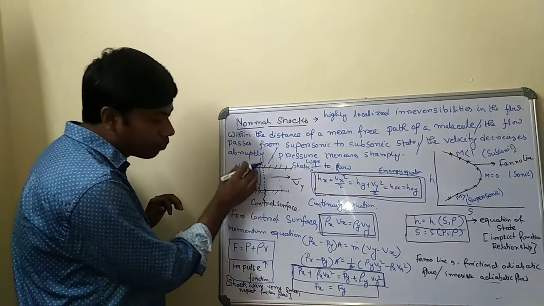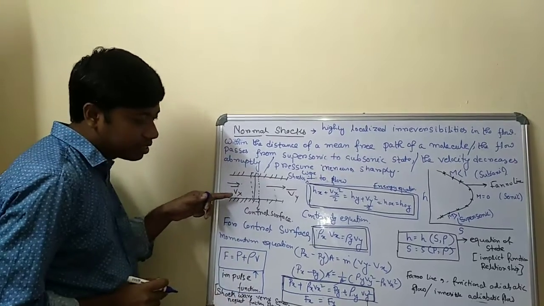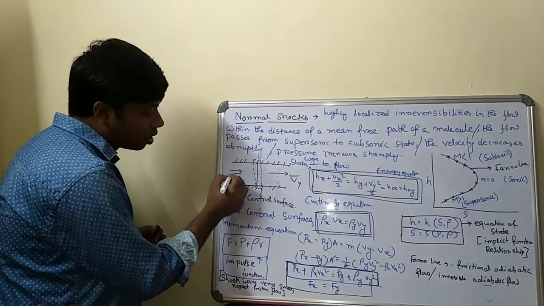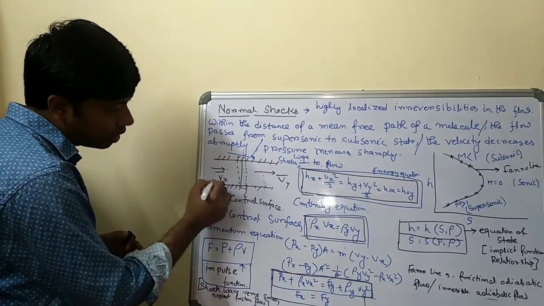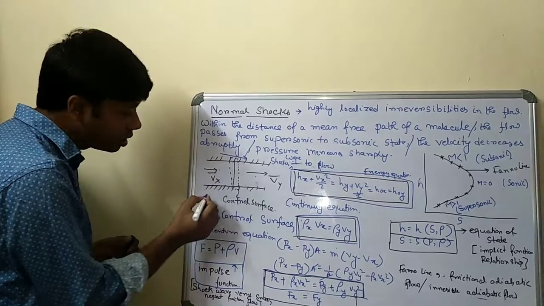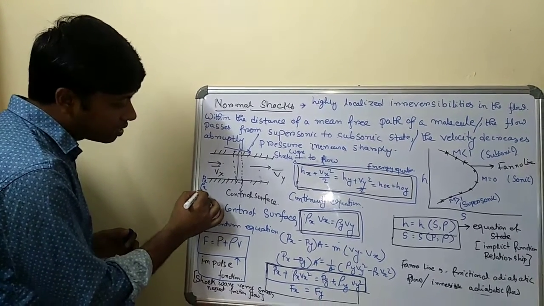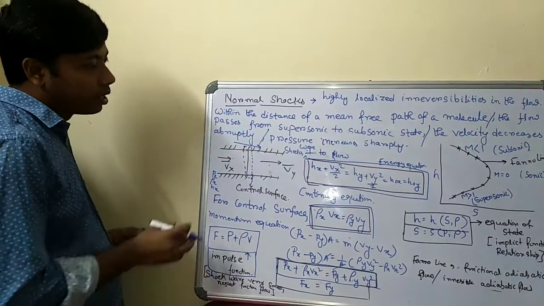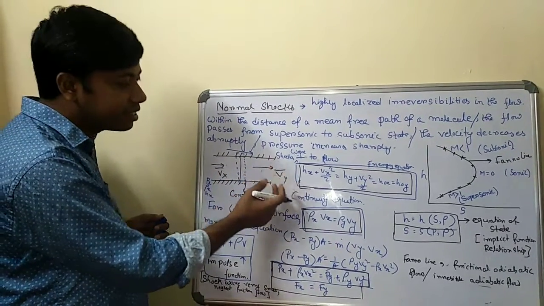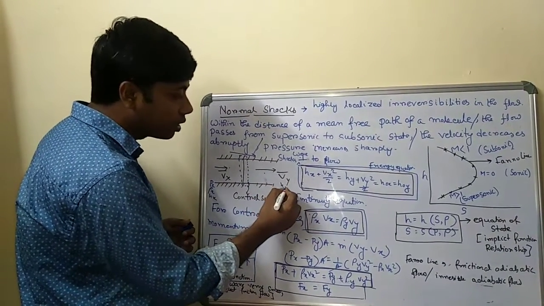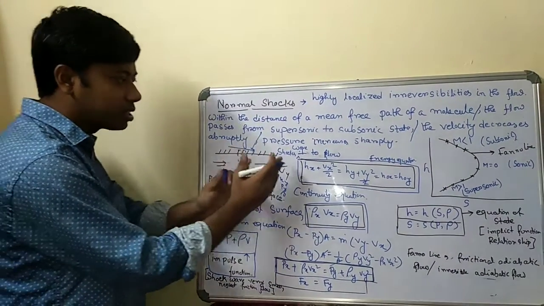In the upstream flow field, the parameters are designated: velocity Vx, pressure Px, density rho x, and enthalpy Hx. In the downstream section of the flow field, the properties are designated Vy, Hy, Py, and rho y. So these are the properties upstream as well as downstream.